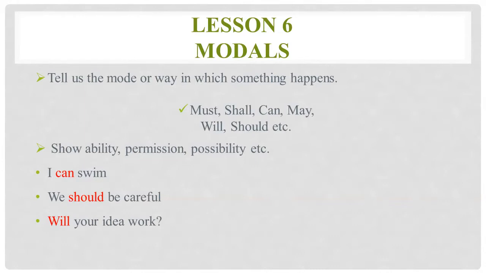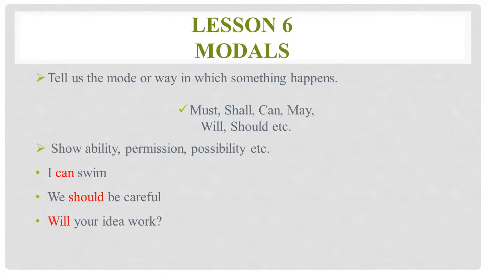Will your idea work? The modal auxiliary will shows the possibility. Different modal auxiliary express different things, different functions, but it is not necessary that one modal auxiliary express only one thing. One modal auxiliary can express more than one thing.